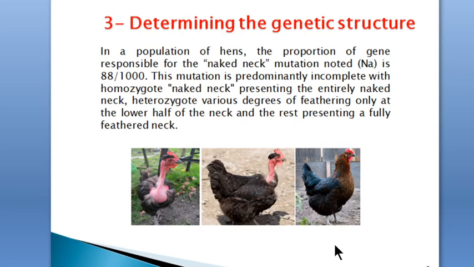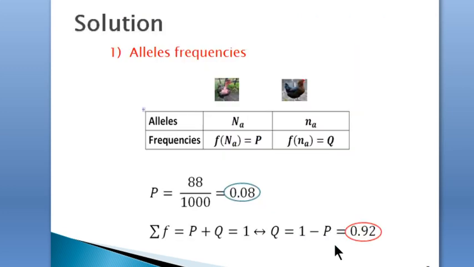Now the question is, determine the genetic structure. So first step of our solution is to determine the allele frequency. So we start by naming all the alleles as well as their frequencies.